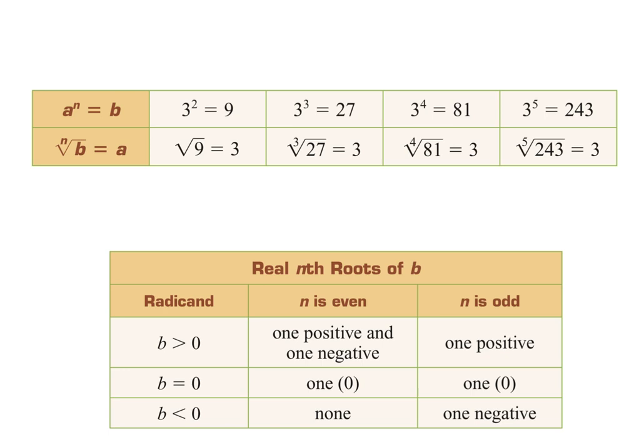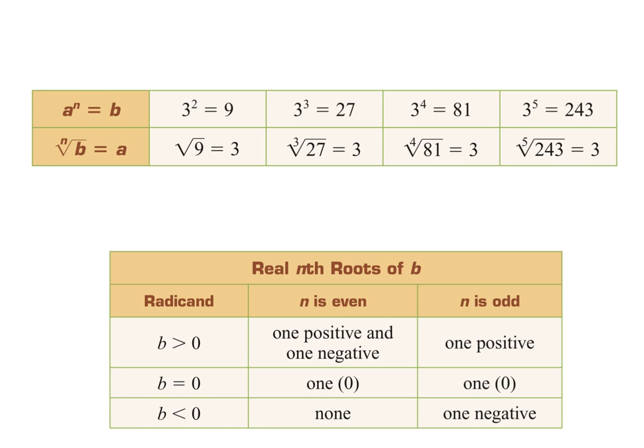A couple things about the numbers here. If b is greater than 0, that means the number you're taking the root of is positive, and you have an even index, square root, 4th root, 6th root, you will have 2 answers. It could be positive or it could be negative.